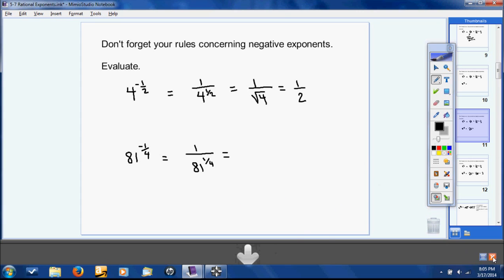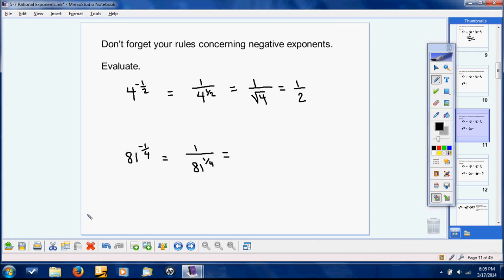Now that you have 1 over 81 to the 1/4 power, hopefully you're recalling that just like here, you would rewrite it in its radical form. That's 1 over the 4th root of 81.